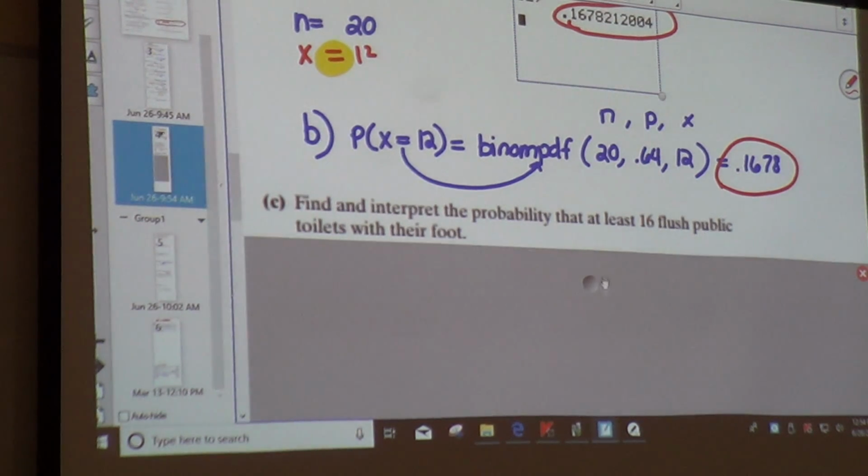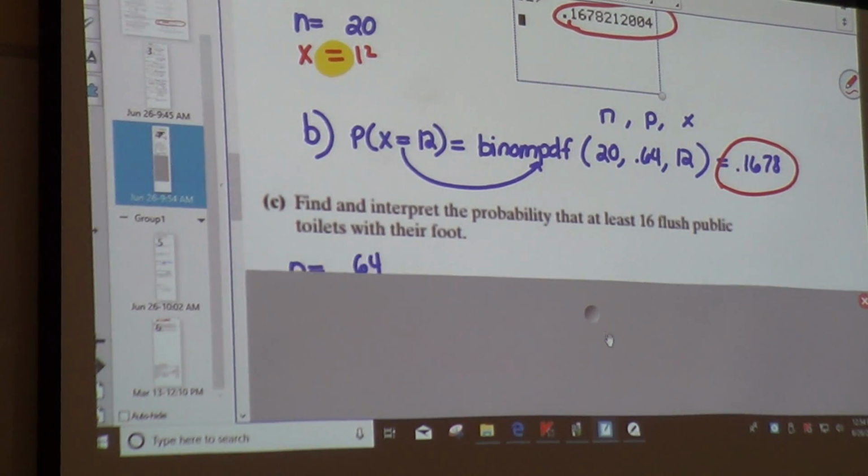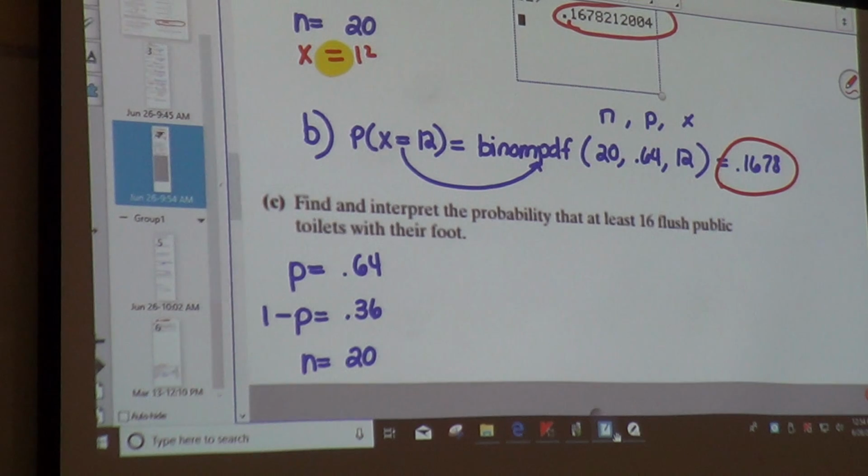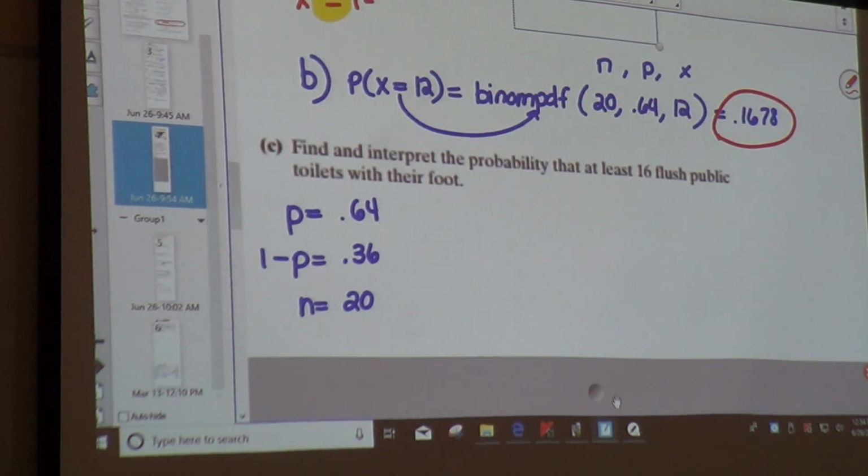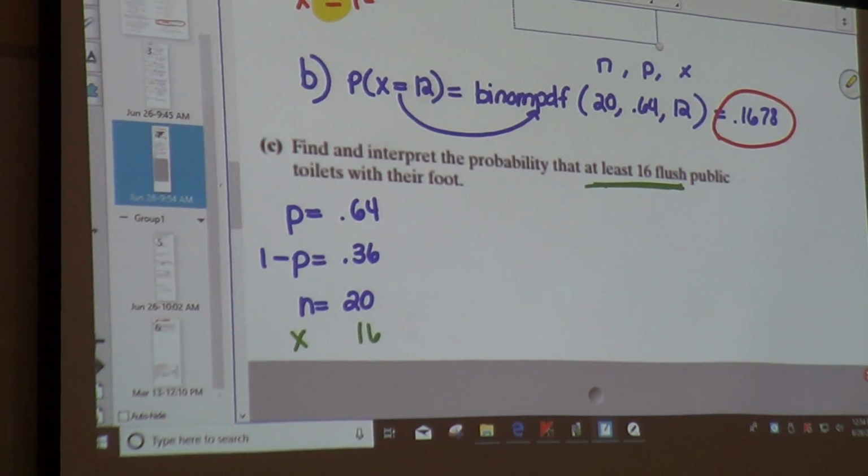All right, same problem, but this time we're doing at least 16 flushes. So this is going to be my X. What does at least mean? If you have at least $16 in your pocket, you have $16 or more.